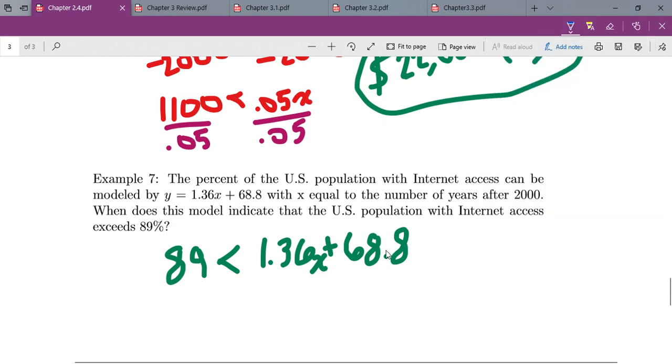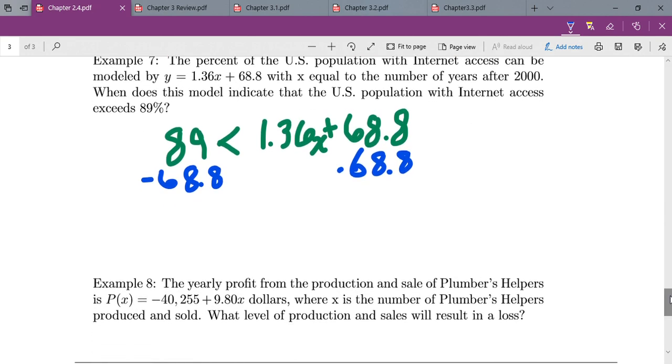So we'll subtract off 68.8. So 89 minus 68.8, you can use your calculator to find that. Should give you 20.2.